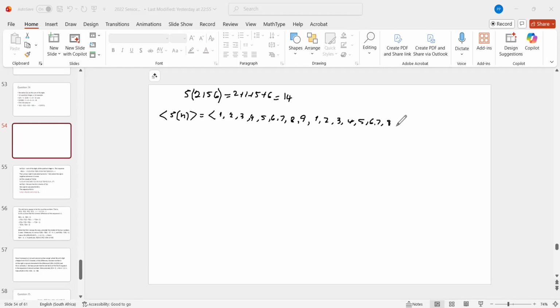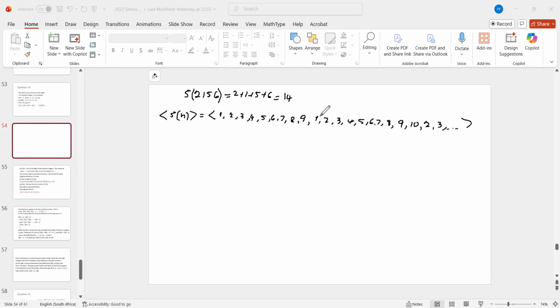Now, this is S of 17, 1 plus 7. S of 18. S of 19 is 1 plus 9, which is 10. S of 20 is 2. 21. I'm writing all these things down because you can see it's a somewhat erratic sequence. Some funny things happen.